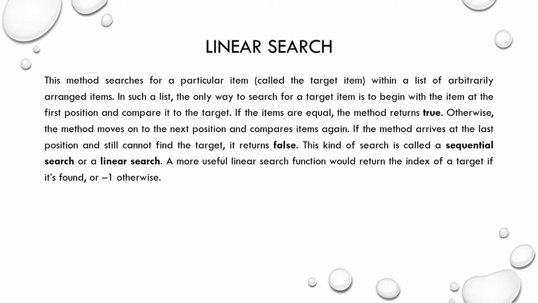That is, if we are given a list, let's say the name of the list is LYST, and let the elements in the list be 4, 7, 3, 9, and let's say 2.